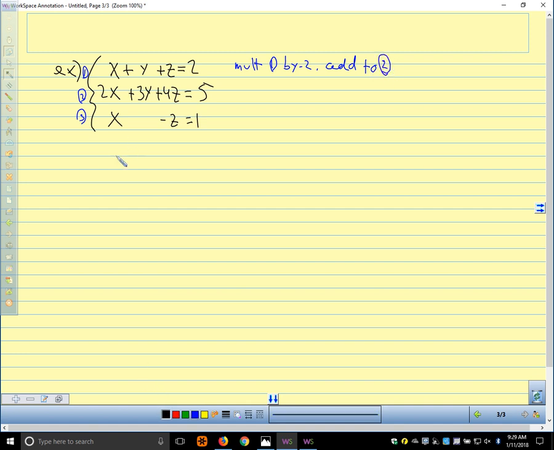So my first row doesn't change. X plus y plus z equals 2. When I do this operation, I get a 0x, I get a -2y plus 3y. So we get a y, and I get a minus 2z plus 4z, so plus 2z, and I get a minus 4 plus 5, so that equals 1.